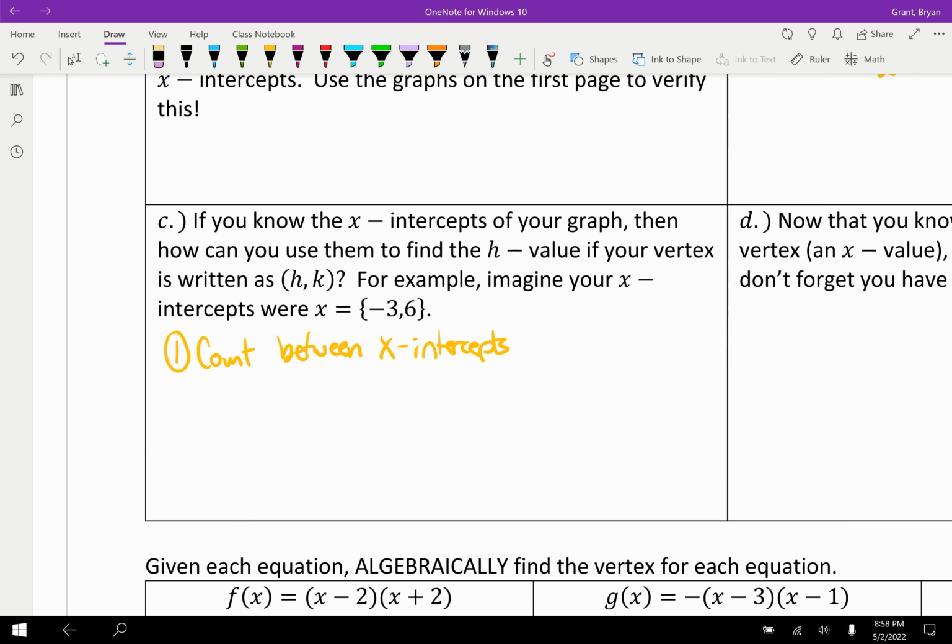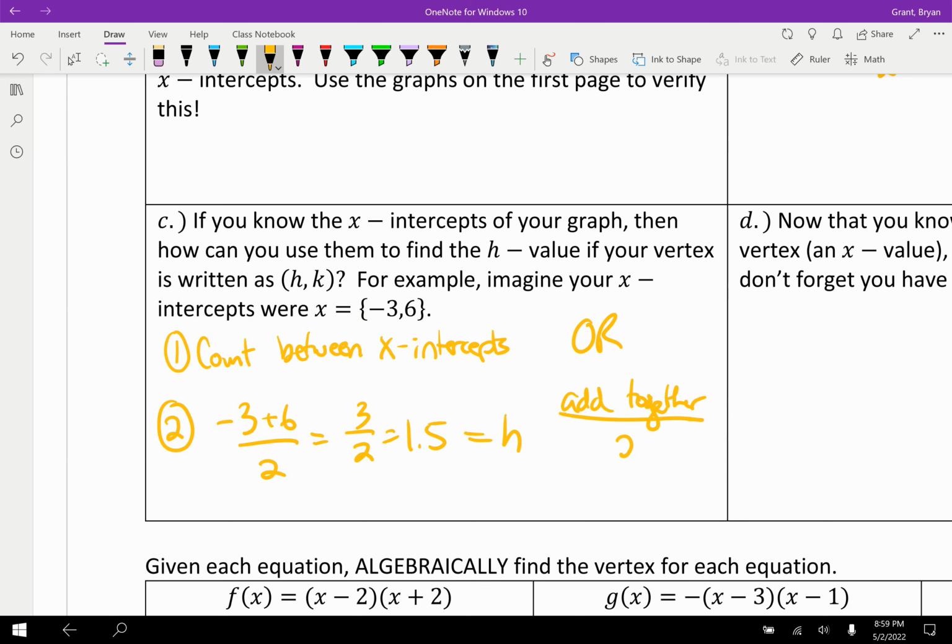However, if they're obnoxious, then our other option is we add them together and divide by 2. So we would do -3 plus 6, in this case, and divide by 2. So 6 minus 3 is 3. 3 divided by 2 is 1.5, which is the h. So we add together and divide by 2. Easy enough.